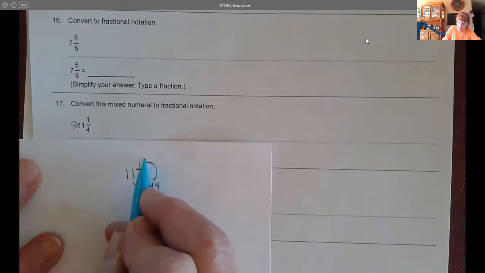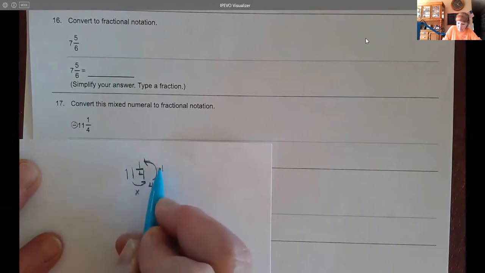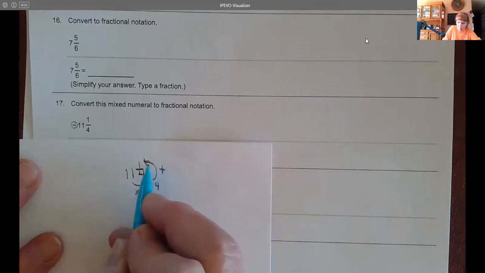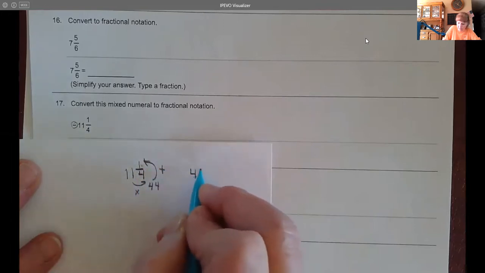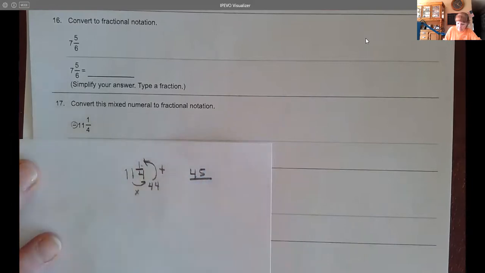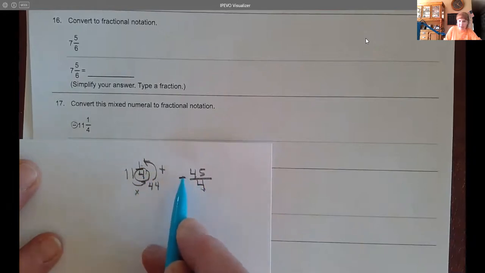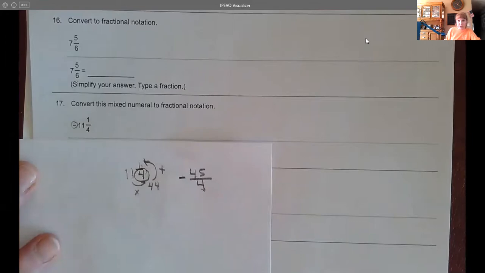And then you add the 1. So 44 plus 1 is 45. Over 4, you always put that same denominator here, but now it's negative. Just make your answer a negative.